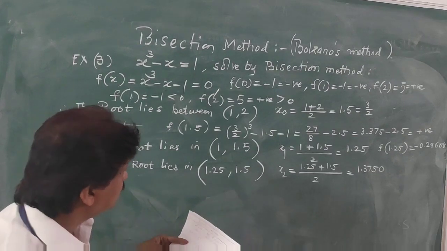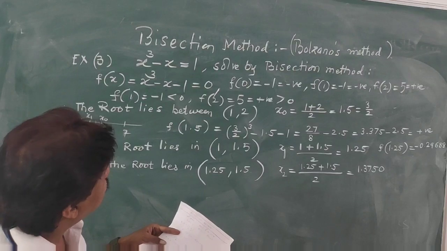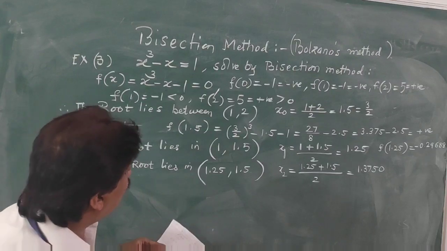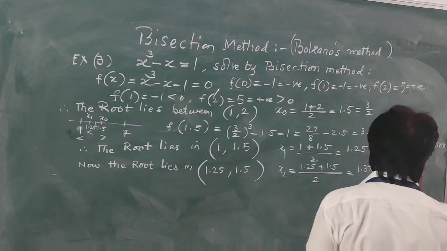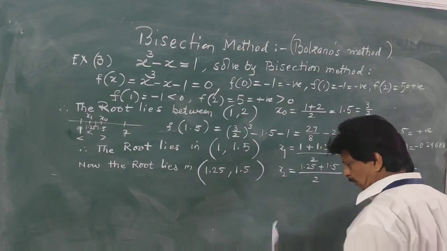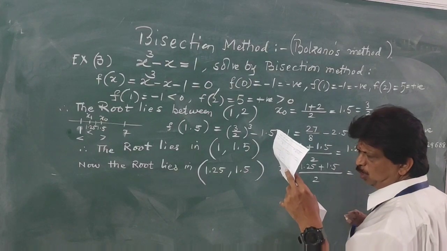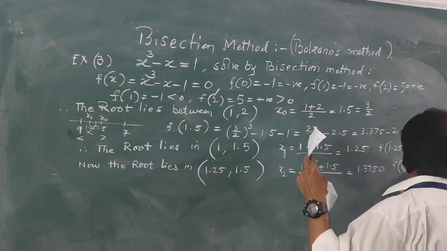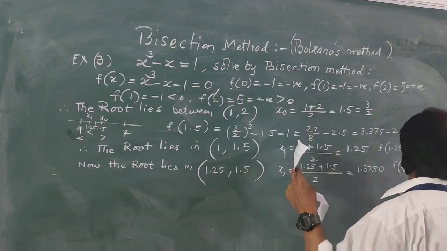And the f value of this, f value of 1.3750, f of x2 is 0.22461. It is positive.